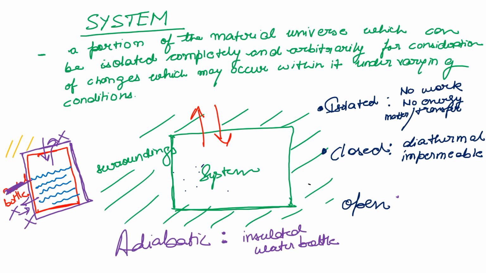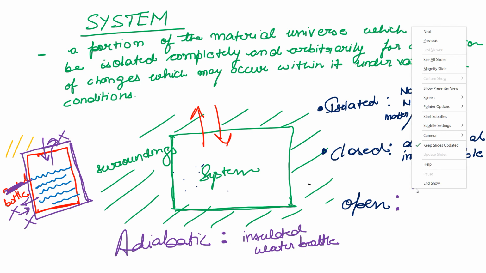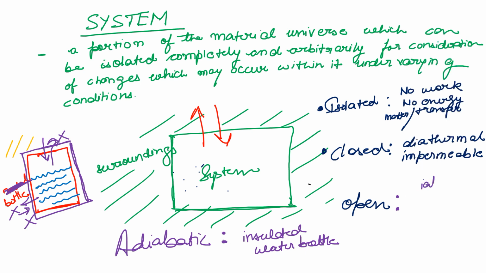And in the case of an open system, we have the diathermal case as well as the permeable case. So an example of this could be water kept in a glass.